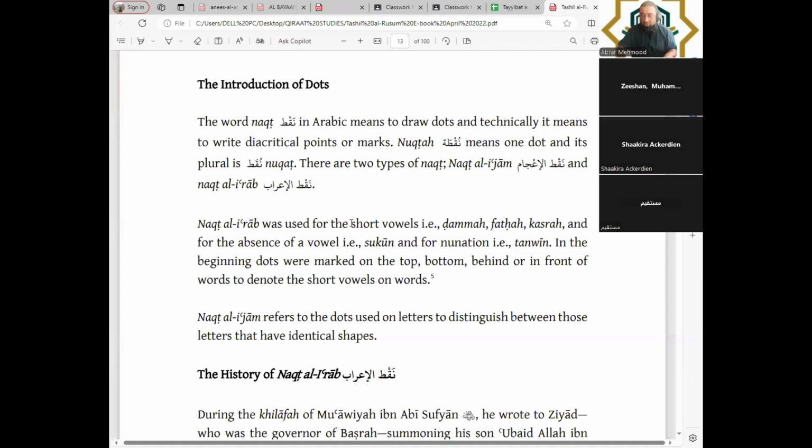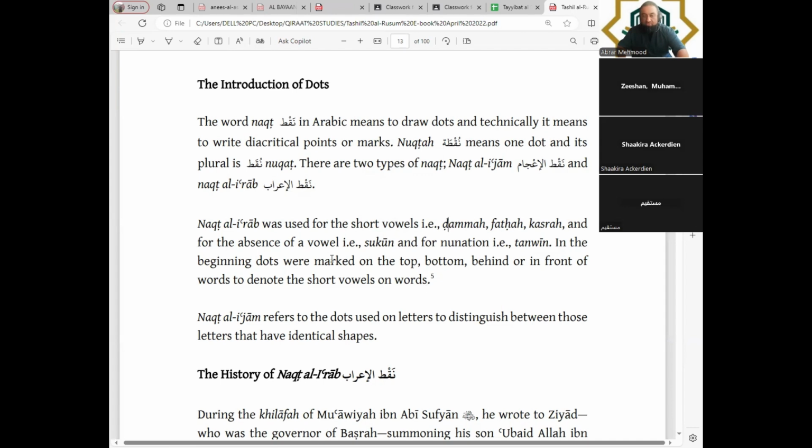I'rab for short vowels. This is a word that you'll come across quite often in a lot of English books. You'll also come across it in other sciences. So instead of what we call dhamma, fatha, kasra, or what some people in the South Asian context would refer to as pesh, zabr, and zir, or elsewhere around the world, the word vowels is used.